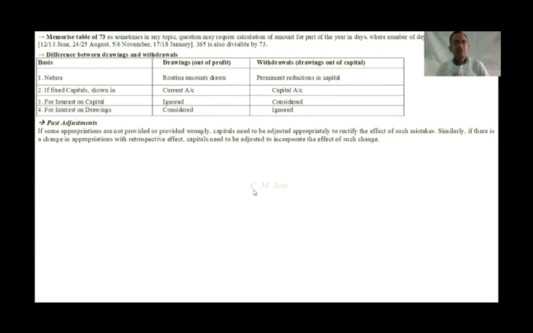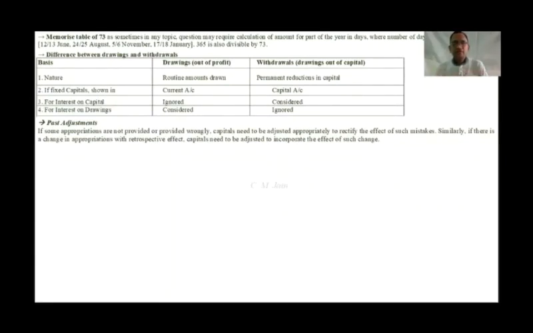Suppose interest on capital was to be given, but it was not given. Suppose it was to be given at 10%, but by mistake it was given at 5%. So when these kinds of mistakes happen in appropriations, some partner may get a lesser amount, the other one may get a higher amount.